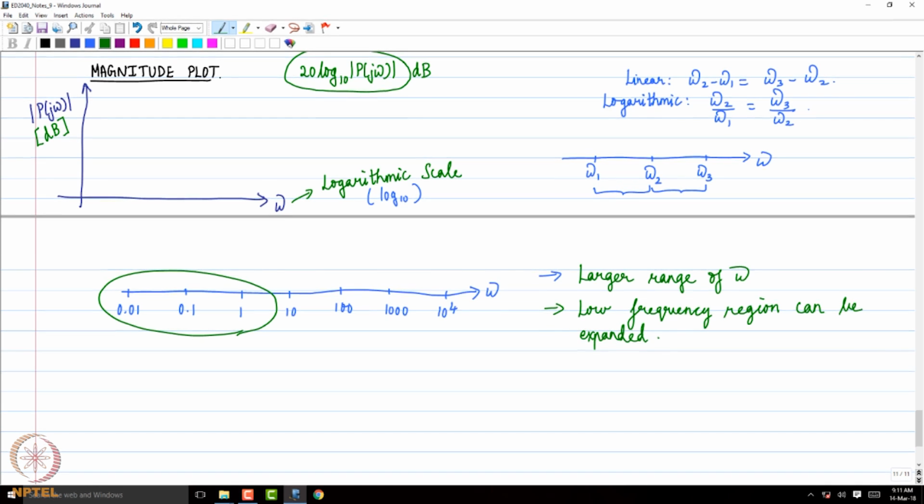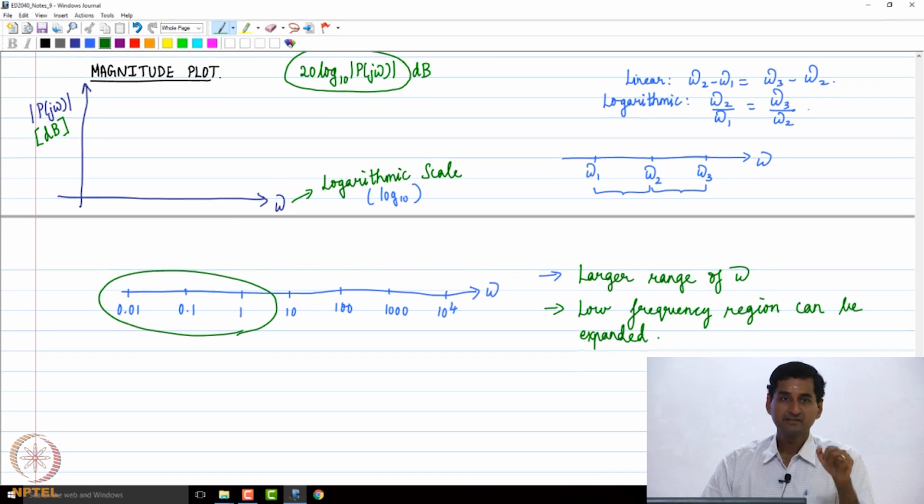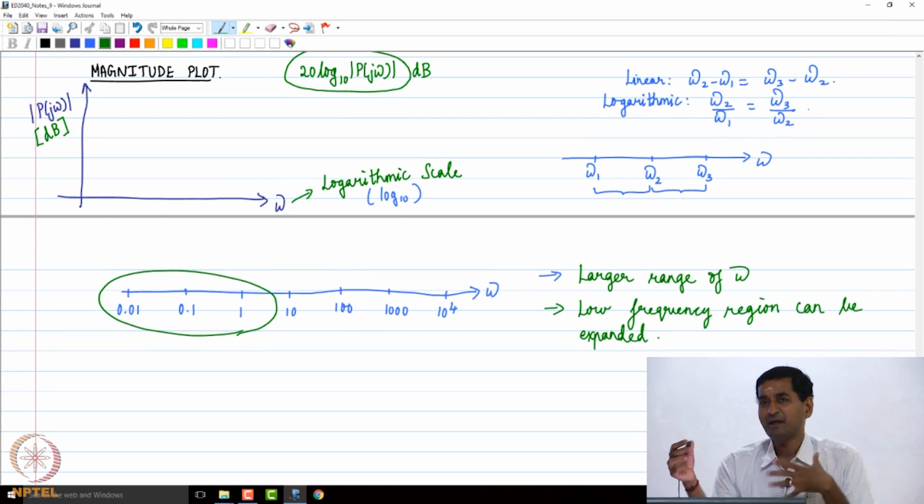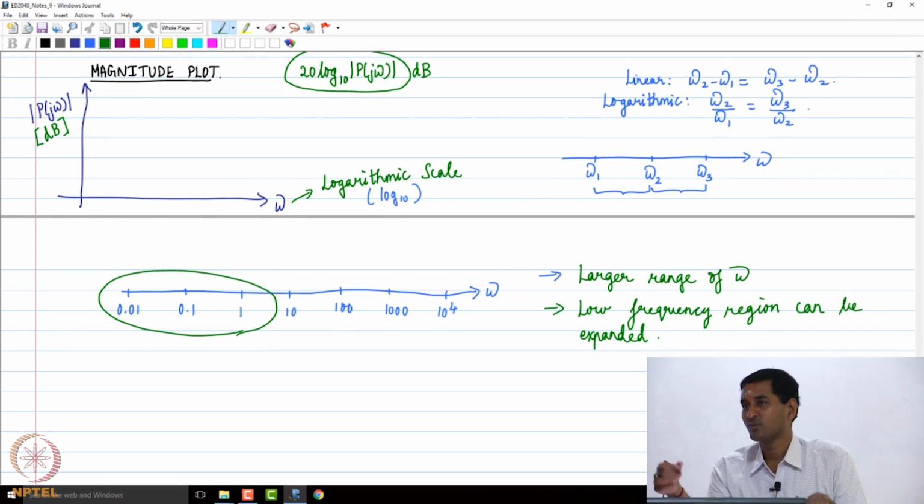Of course, what is the limitation with the logarithmic scale? High frequency gets shrunk, and you cannot plot 0. On a linear scale I can mark a 0 and start from 0, but that's okay, because practically we are looking at the frequency response, right. What does it mean to give a 0 frequency signal?